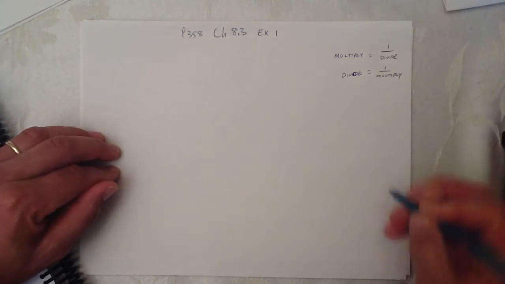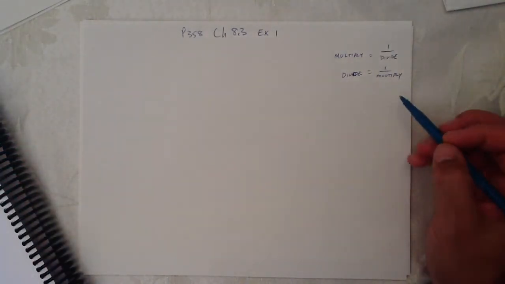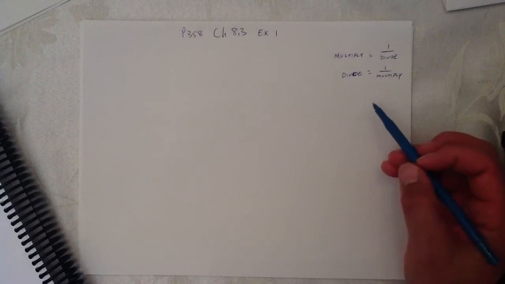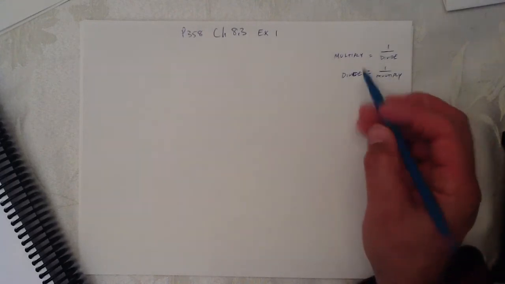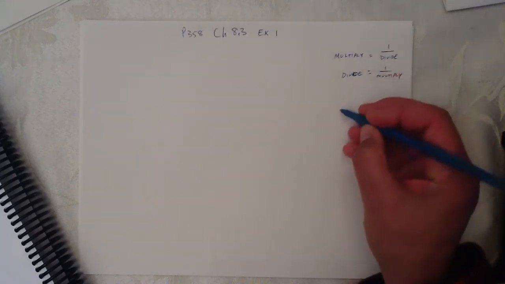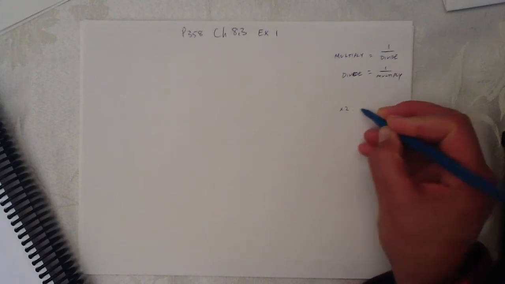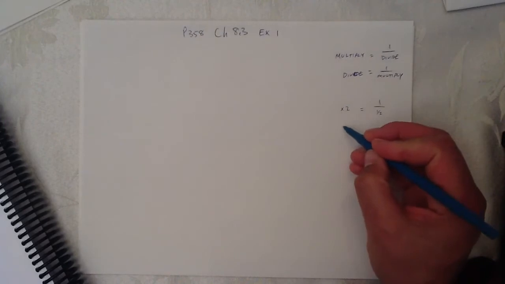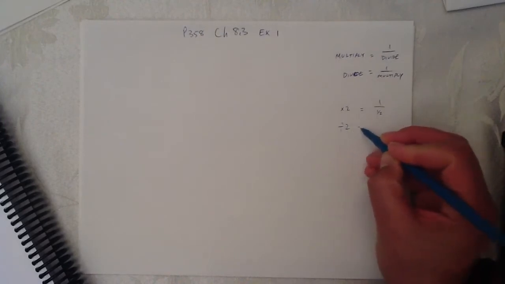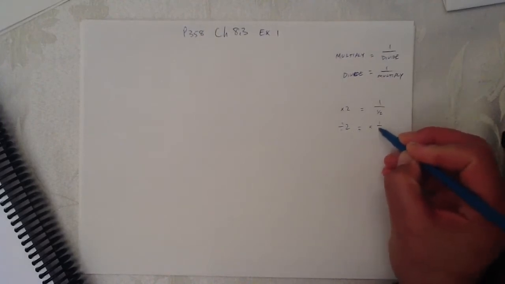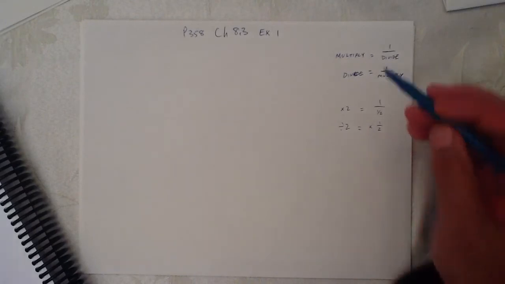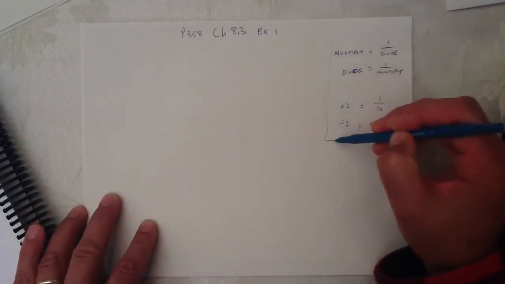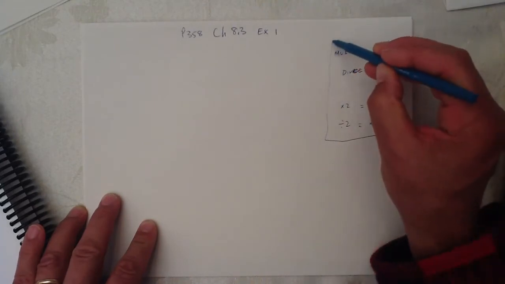So when I talk about multiplying, it's the same as dividing, and if I say that there's a common ratio, it doesn't matter whether you're multiplying or dividing. If you multiply by 2, that's the same as dividing by a half. If you divide by 2, that's the same as multiply by a half. Dividing and multiplying are coming from the same category, they're the same species. So whenever we say multiply, it could be divide.